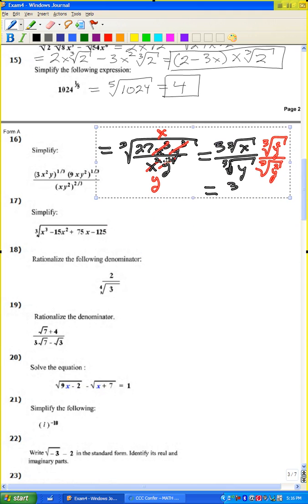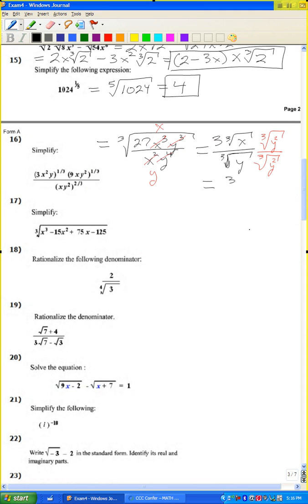Okay, and so this is equal to 3 cube root of x y squared, all over cube root of y cubed, but cube root of y cubed is just y. And that is your answer.